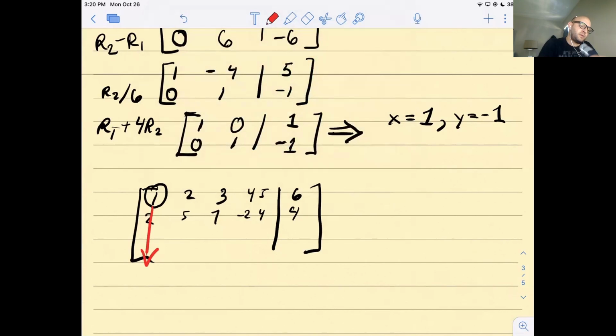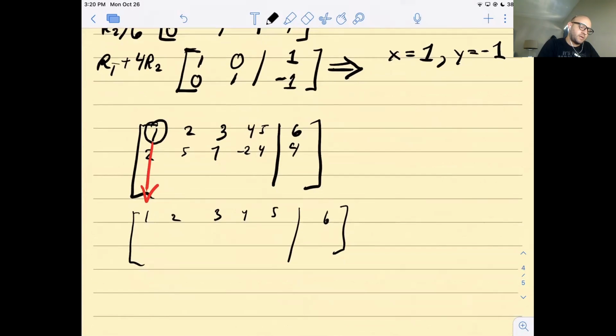So for example, the next step I would do, I would keep that the same: 1, 2, 3, 4, 5, and then whatever it is, 6. And then the next one I would write here, because there's a 2, I would turn this into a 0 by doing R2 minus 2R1, for example.